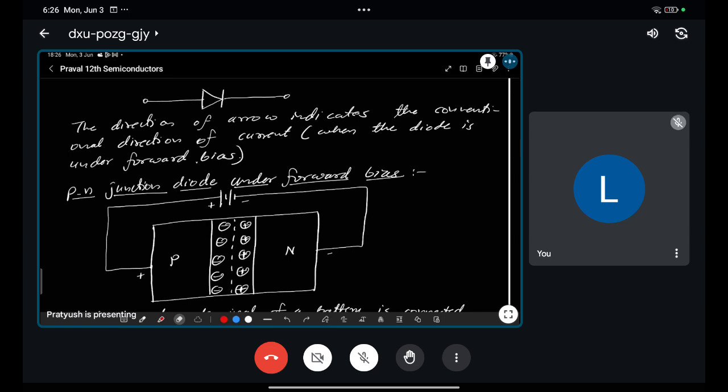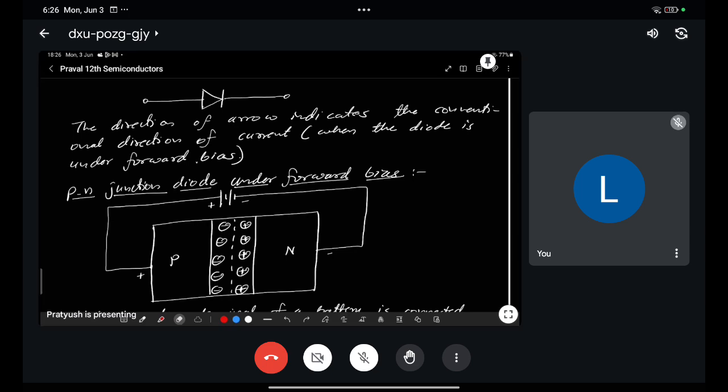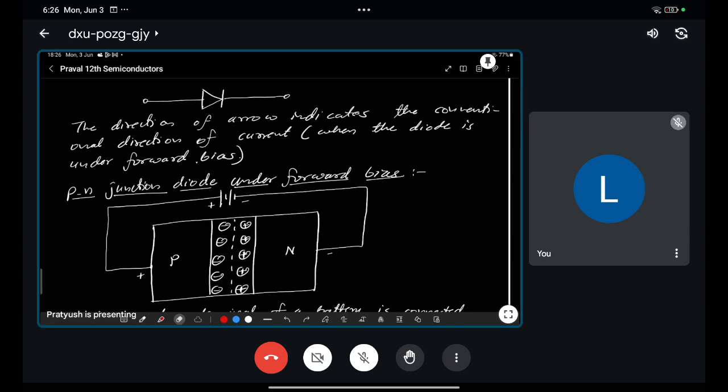Forward bias means when we connect the positive side of the battery to the P type and the negative side to the N type, then it is called a forward bias. Okay. Draw the diagram.